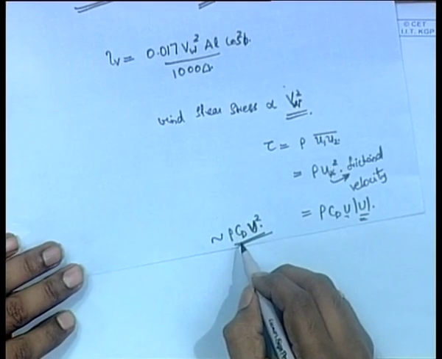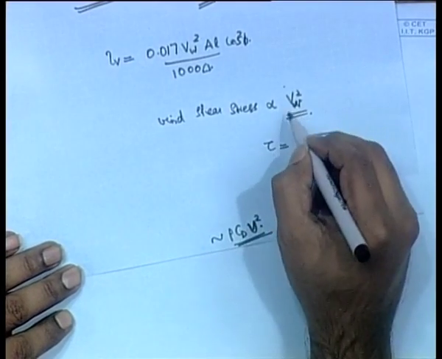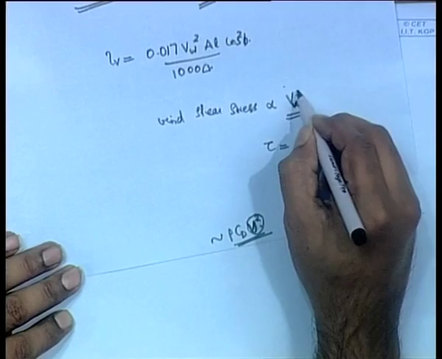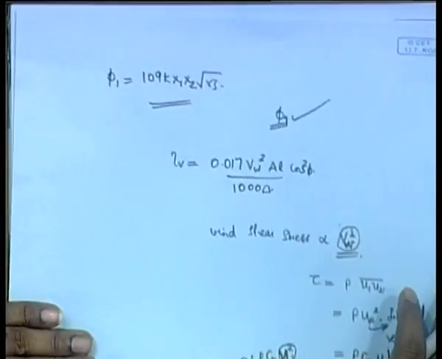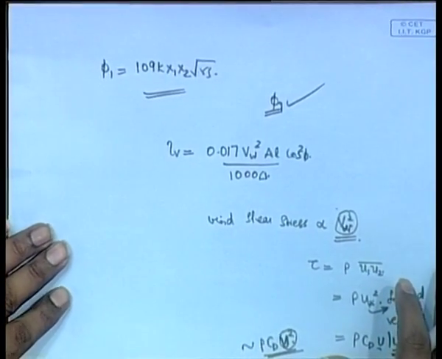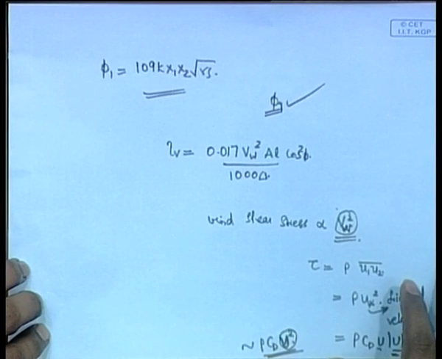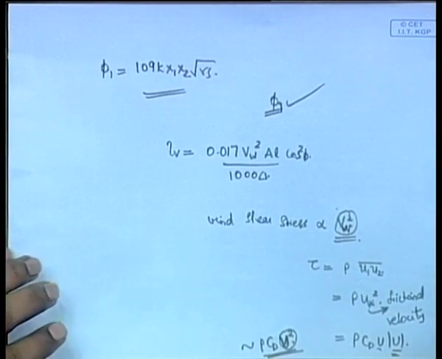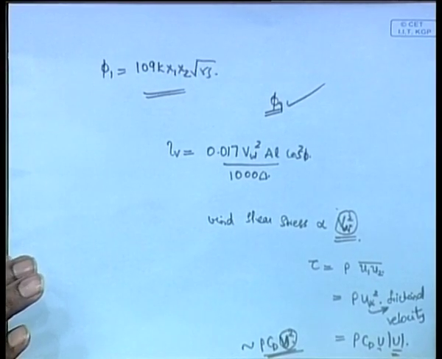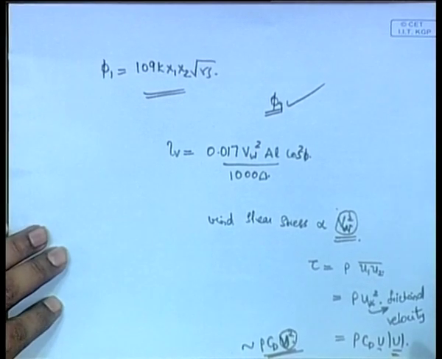So the wind stress is in general proportional to the velocity of wind squared. What the US Navy has done is replace the equation for P with the value for u w square, and therefore the formula changes slightly into this format.